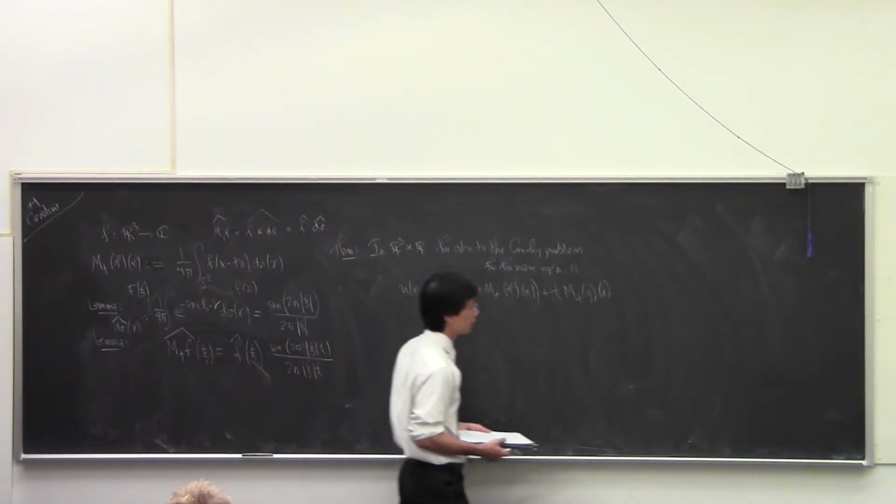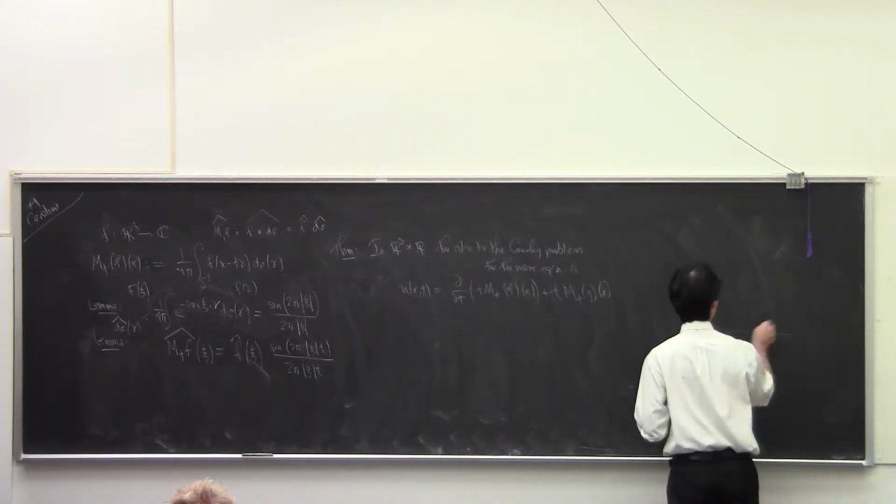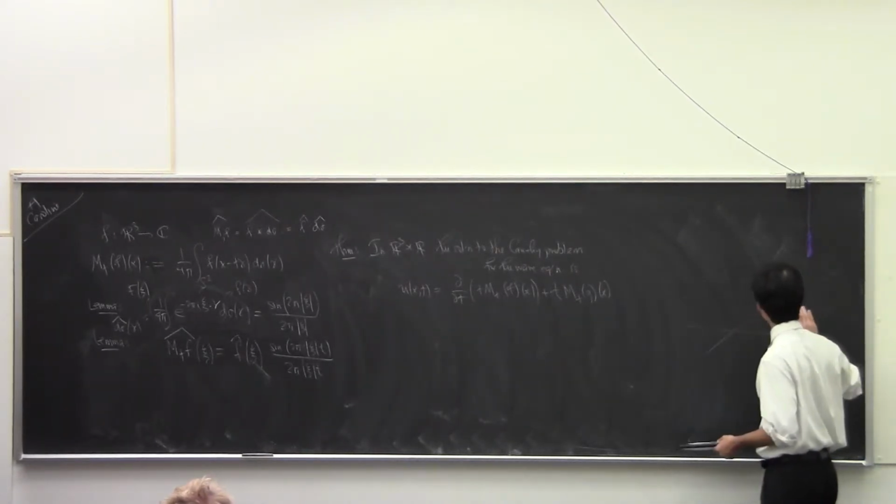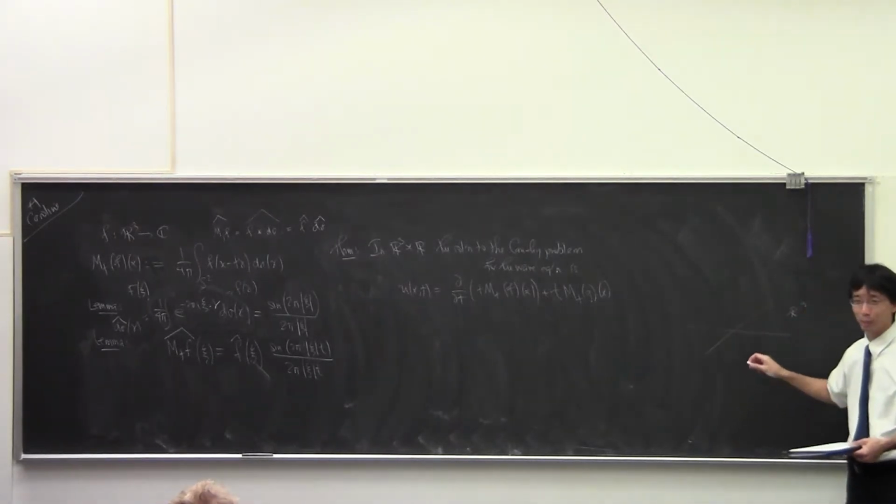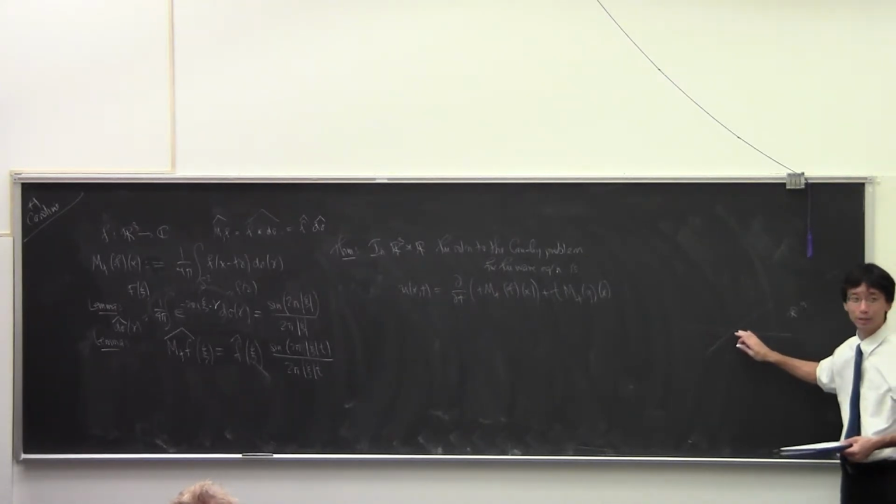So, if you're thinking of this as R3, it doesn't look like R3, but this is how I'm going to draw R3. Here's x, here's t, here's x2.